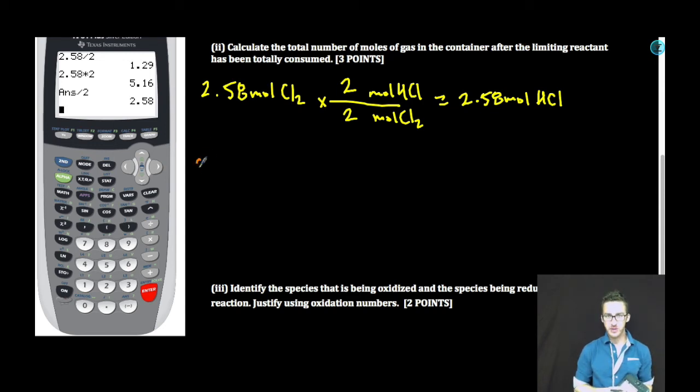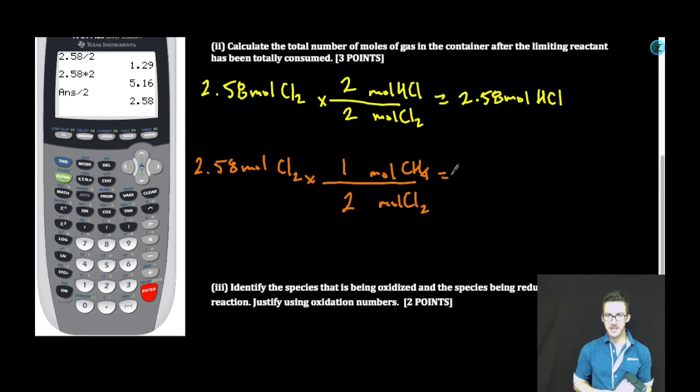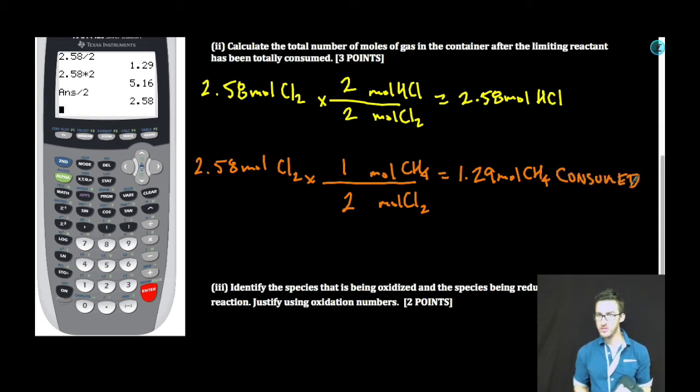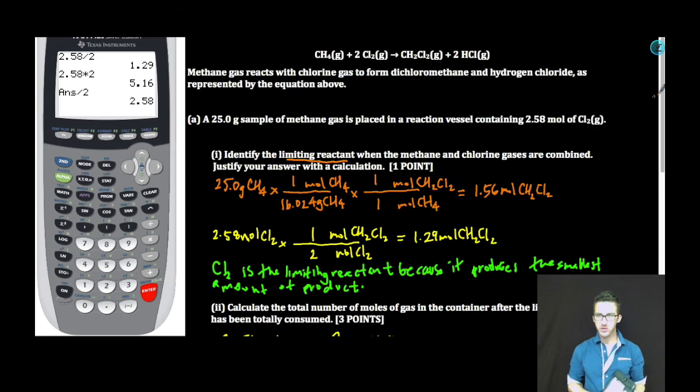So again, I'm going to start with my 2.58 moles of chlorine. I'm going to think about how many moles of methane got used up. That relationship is 1:2, which means that 1.29 moles of CH4 is consumed in the process of making that dichloromethane and hydrogen chloride. It's no longer there. Now let's think about how much methane we had originally. We had 25 grams of methane.